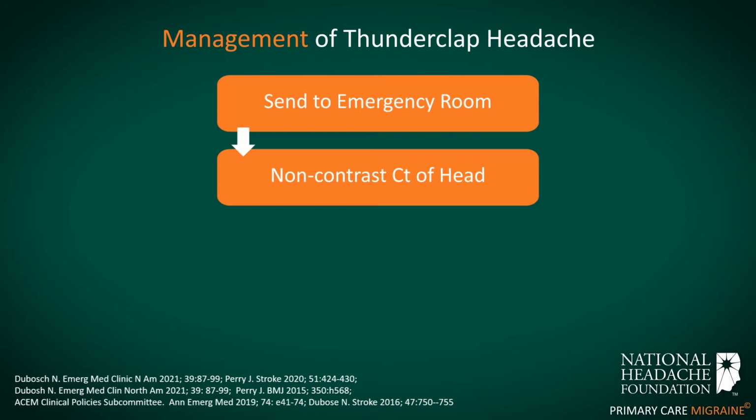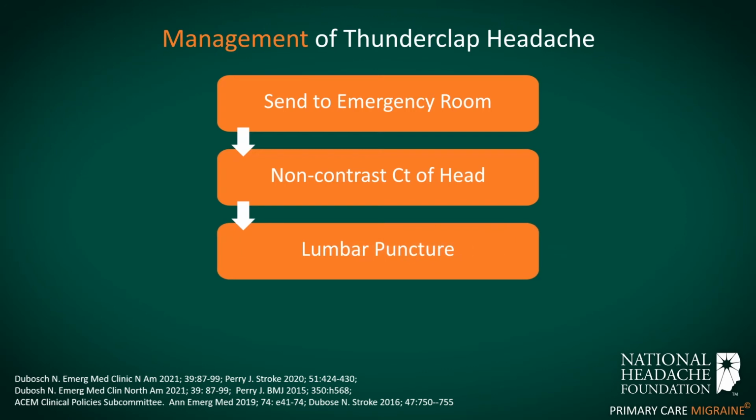If this head CT was negative, then the next step would be to perform a lumbar puncture looking for xanthochromia as well as a high red blood cell count in tube 4. Xanthochromia is a yellow hue to the spinal fluid that represents breakdown products of red blood cells. It can be identified by visual inspection of the spinal fluid or by spectrophotometry.